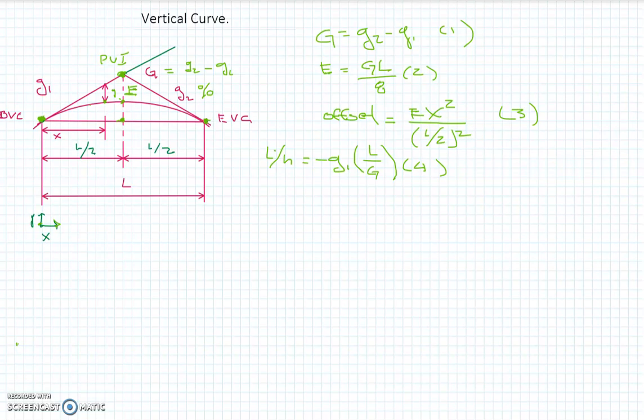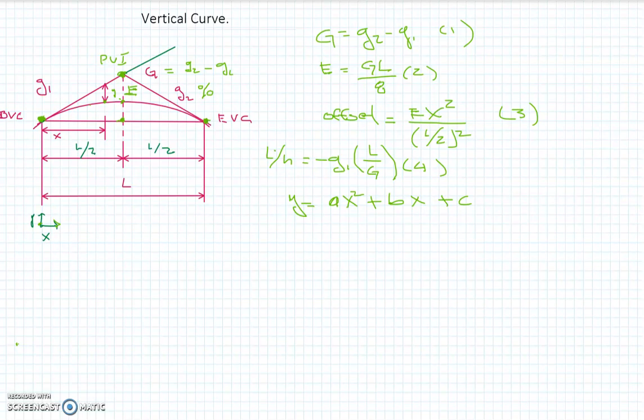This equation over here is coming from the general equation for a parabola. If you go back to your calculus, this is the general equation for a parabola: ax squared plus bx plus c.